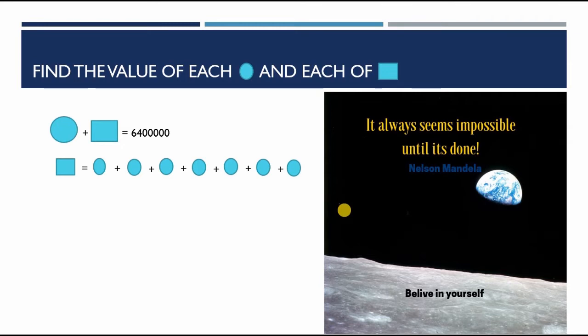Another condition says a rectangle is equal to 7 circles added together. What's the value of each circle and each rectangle? You have 2 minutes to find the value of the circle and the rectangle.